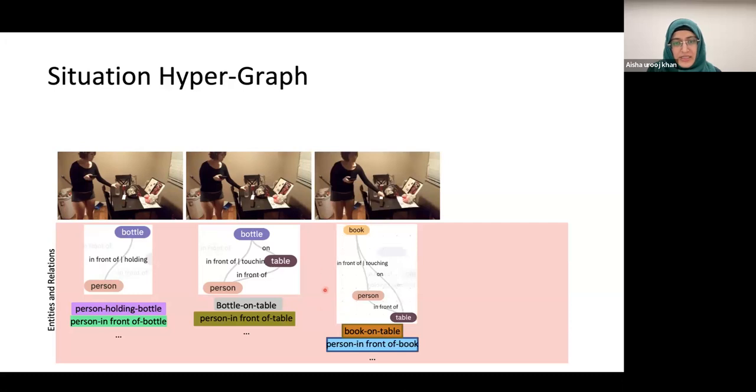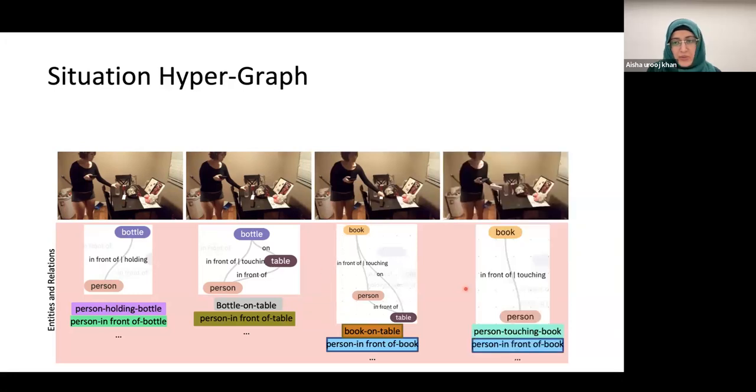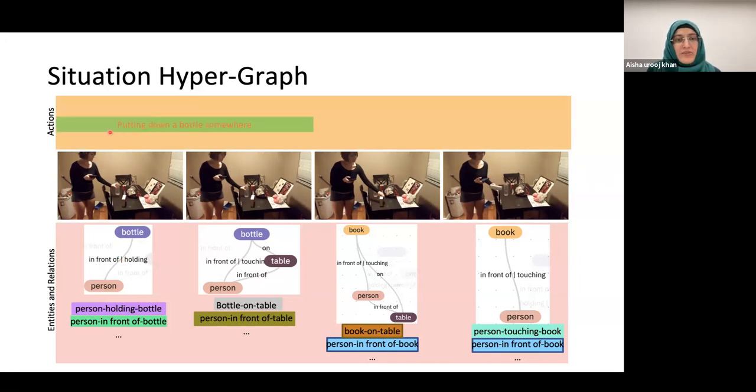Now these situations may change over time. At each time step, we have a certain situation, and for that situation, we have some actions, which we call atomic actions, happening in that situation, like touching or holding. But these situations can be connected by an action which may comprise multiple situations.